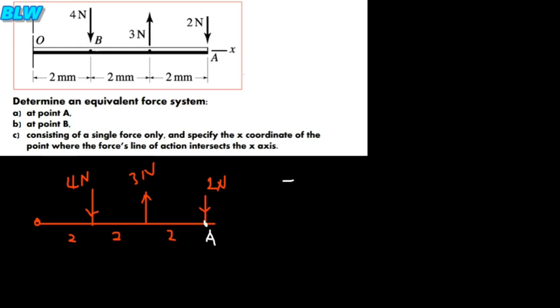So that will be, let's say, F about point A will be equal to what? This force is pointing in the negative y-axis direction, so that is minus 4, and then this is pointing in the positive y-axis direction, so that gives me plus 3, and then this force is pointing in the negative y-axis direction, so that gives me minus 2. So then I'll have minus 3.